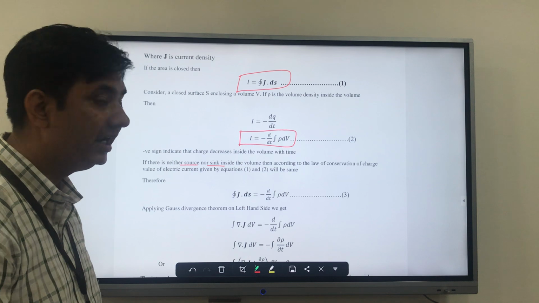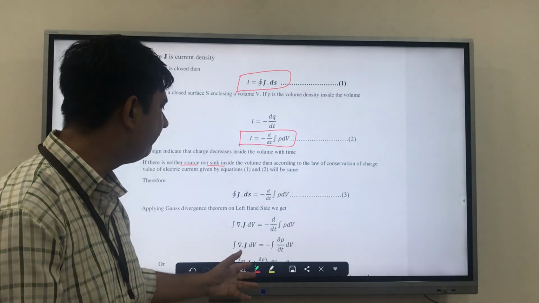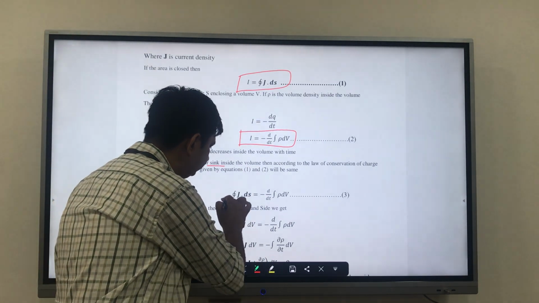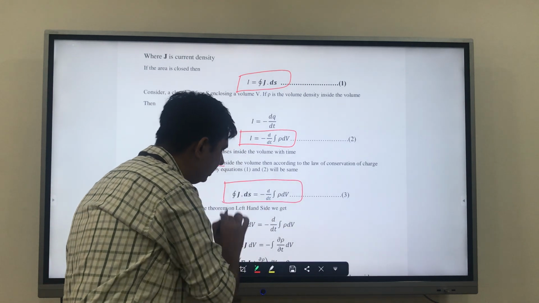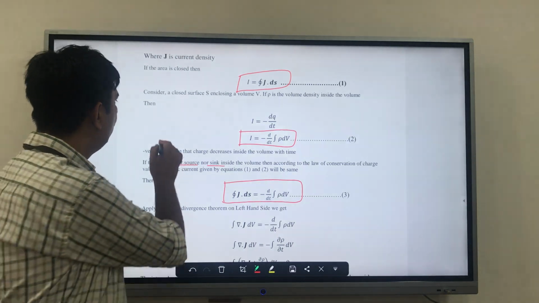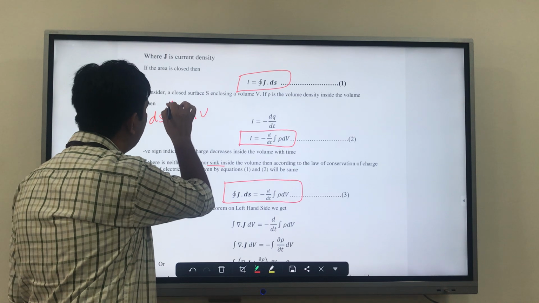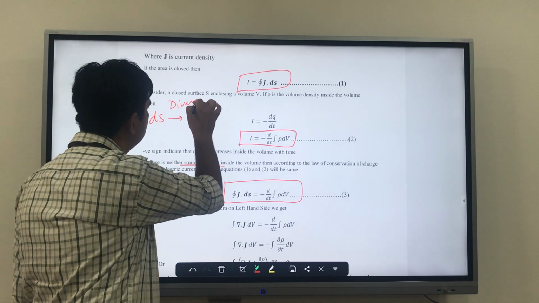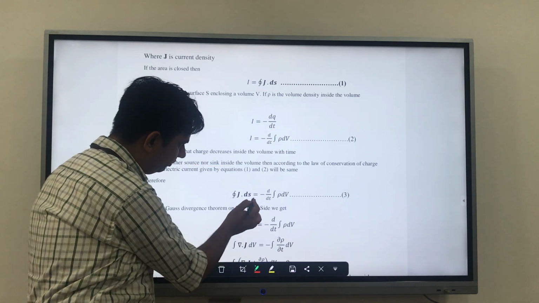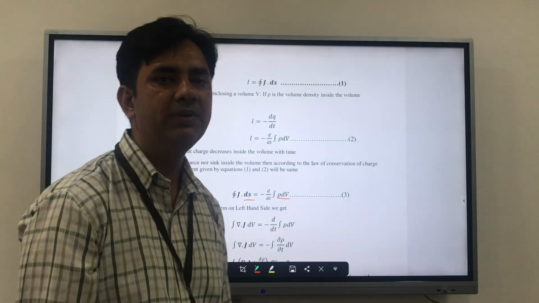And now we will use the concept of divergence over here. When we are going from ds to dv, we use divergence. So you can see here my ds and my dv, so we are converting from ds to dv.